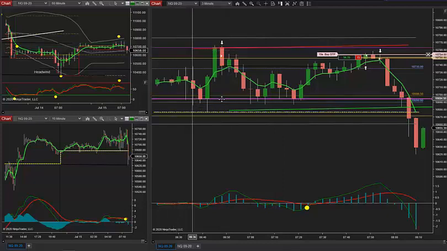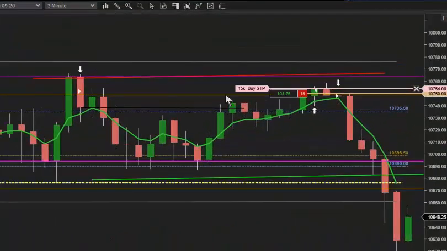Again, chatting to you. You think of levels as thresholds or hurdles that price must overcome, or that the bull or the bear must overcome in order to gain control. The overnight range acted as resistance. It's broken below the value area, the point of control, the opening range, another value area.